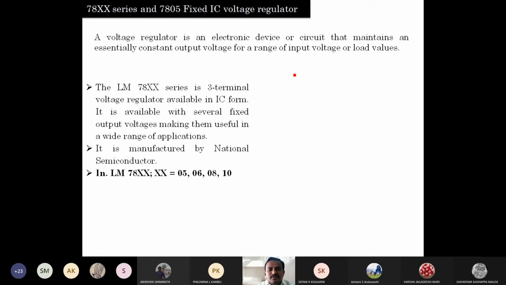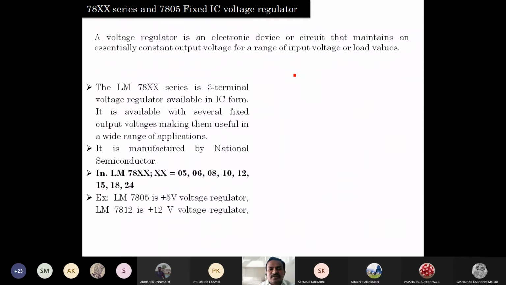It is available with several fixed output voltages, making them useful in a wide range of applications. Here 78XX indicates we have a series. It is manufactured by National Semiconductor.